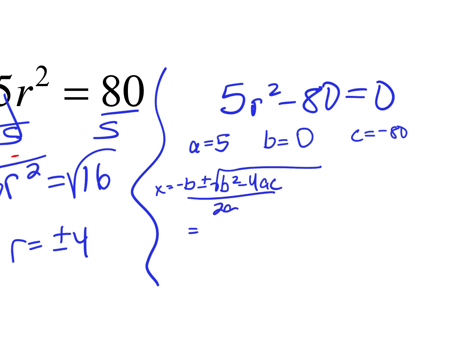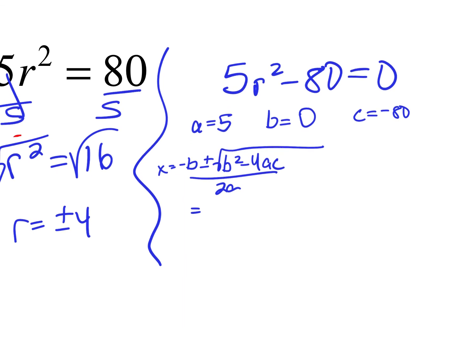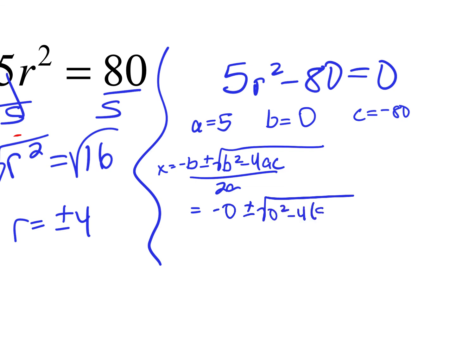So I have negative 0 plus or minus the square root of 0 squared minus 4 times a is 5 and c is negative 80. Agreed? All over 2 times 5.